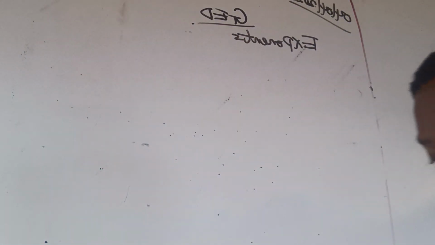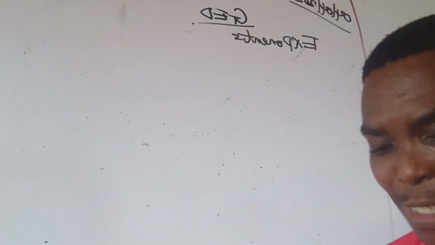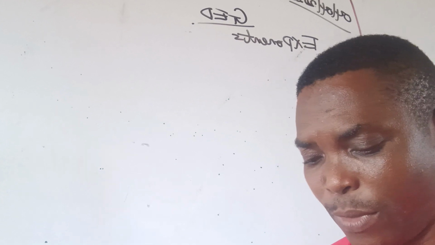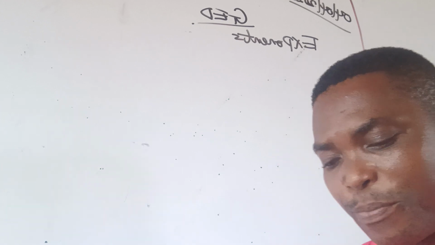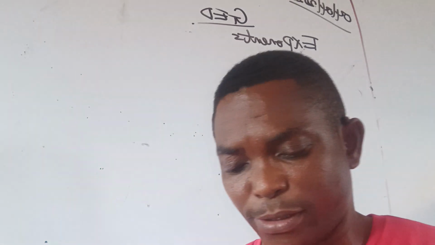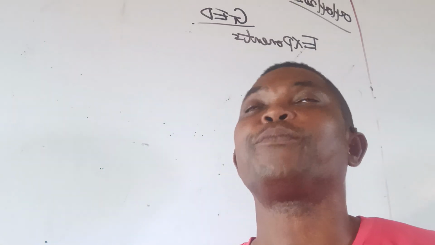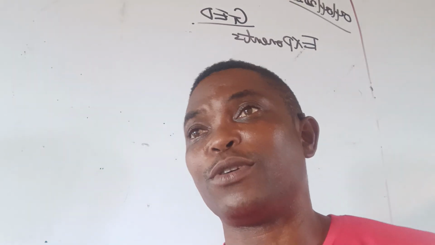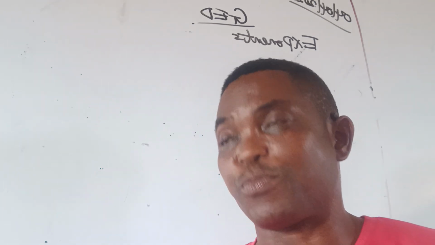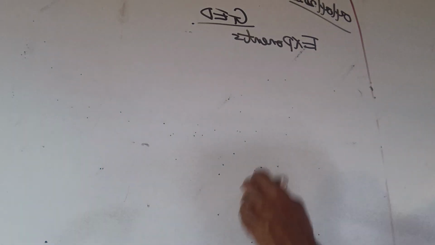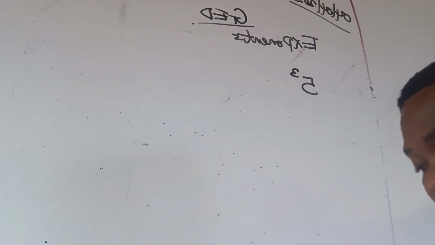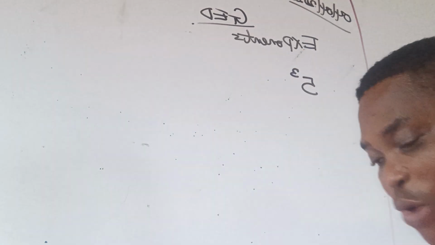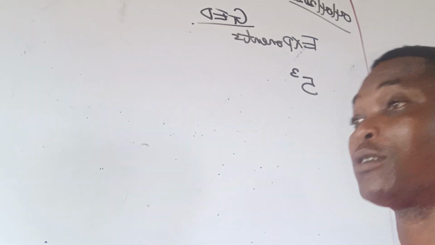So, then the introduction. Exponents are used to simplify problems that call for repeated multiplications. I'm sure you are familiar with this, you've done it before now. Look at this expression, 5 raised to power 3, which is read 5 to the third power.